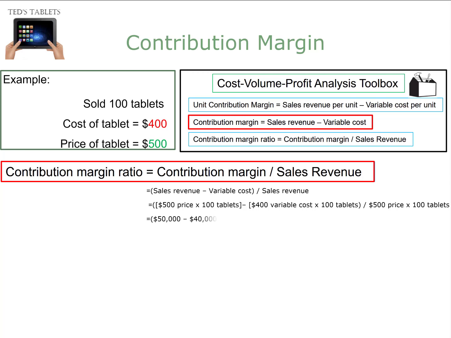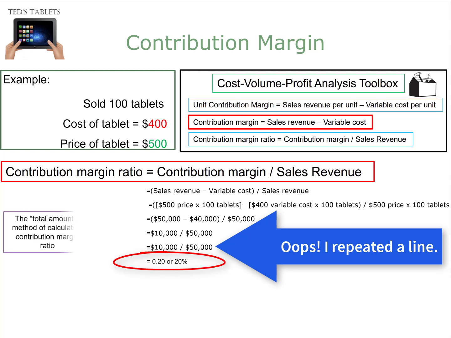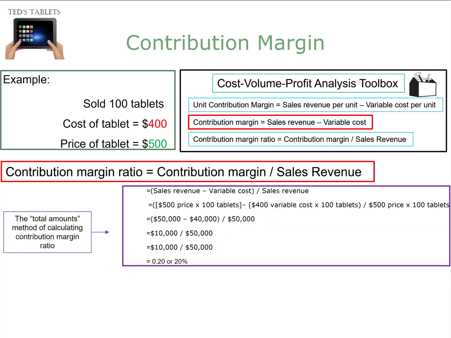This gives us $50,000 minus $40,000 divided by $50,000, which when we do the math eventually gives us 0.20. If we multiply 0.20 by 100 and attach a percentage sign, we get a result of 20%. Now this was done using the total amounts method.